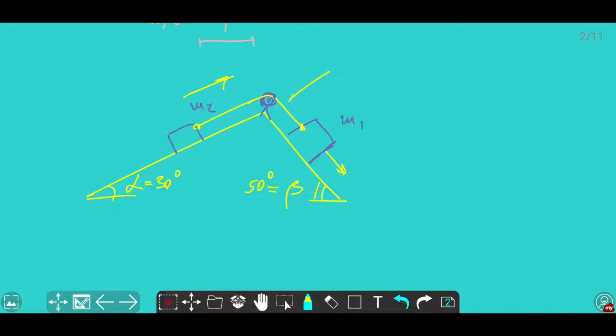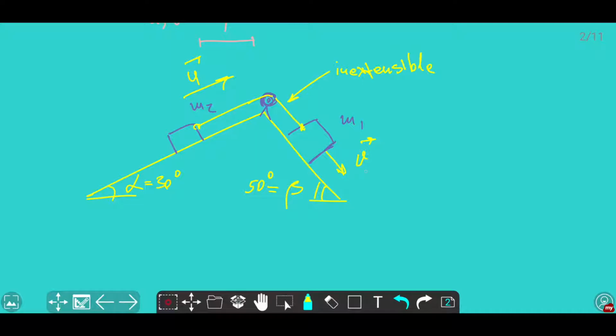If this string is inextensible, and we still consider that it is, the directions will be different. Let it be V, let it be U, because of different angles, right? M2 is moving along the surface with angle of inclination alpha, which is a completely different direction.